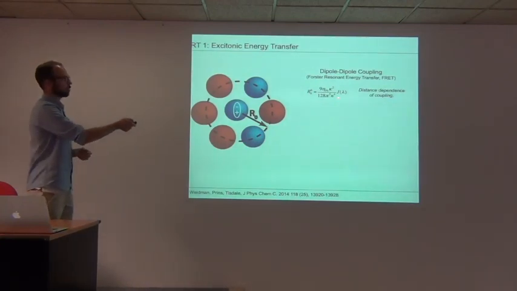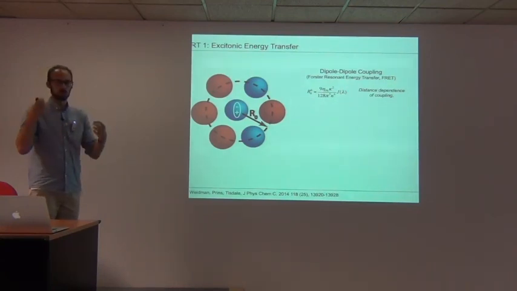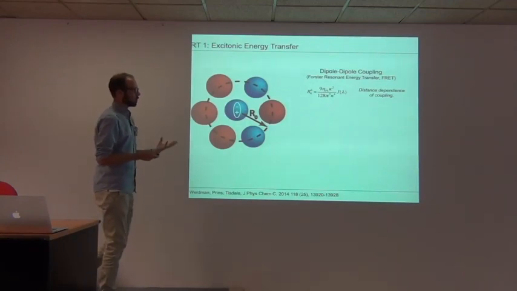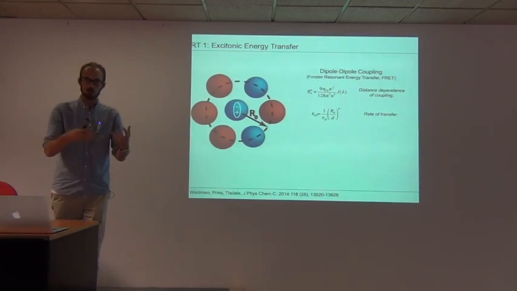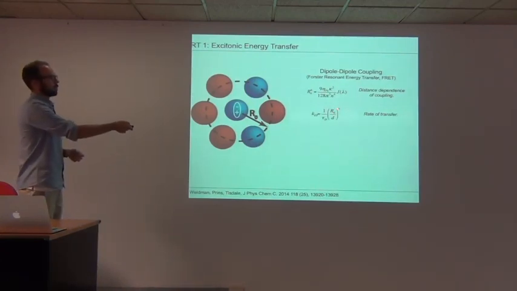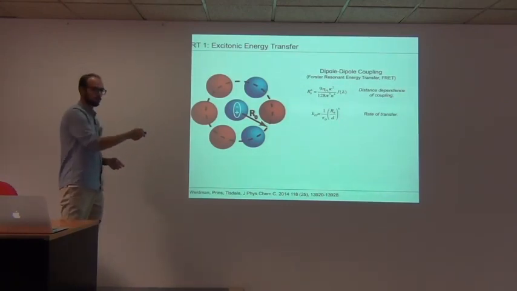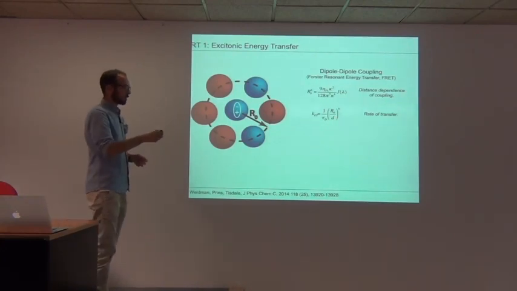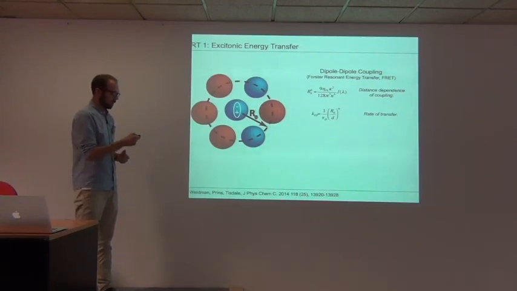This depends on the refractive index mainly, but it also depends, for instance, on the spectral overlap between the donor and the acceptor. So this is the relevant distance, and if we then need to define a rate of transfer between a donor and an acceptor, we take this interaction distance and compare it to the actual distance between the donor and the acceptor, and this gives us a very distinct drop-off of the energy transfer interaction.